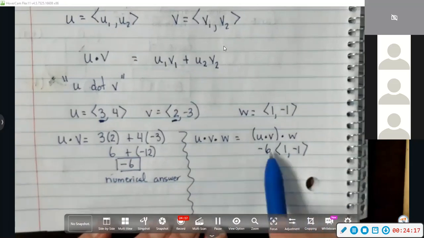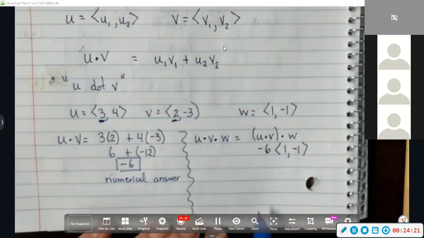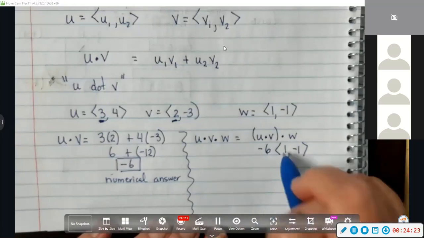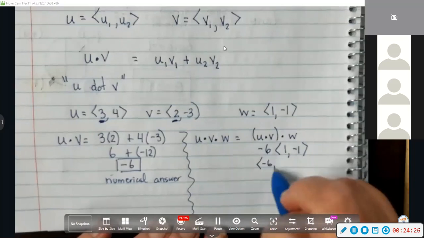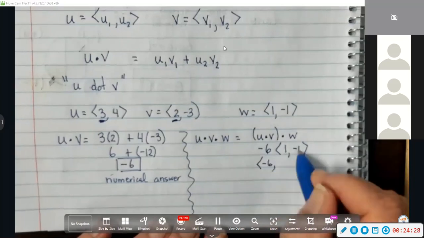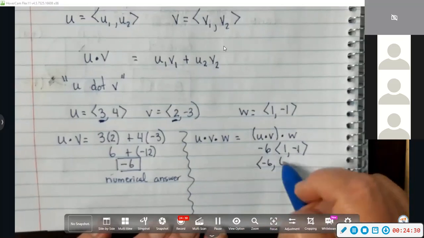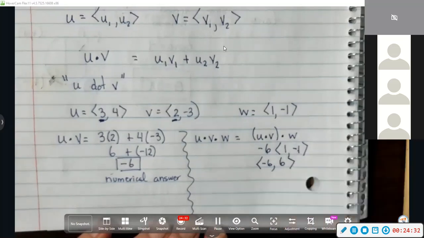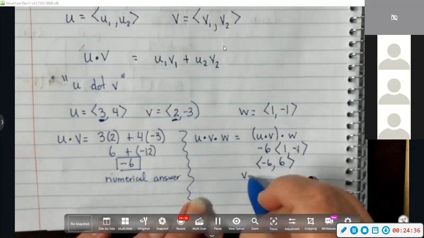This is now just scalar multiplication, which we did last block. It's negative 6 times 1, which is negative 6, and negative 6 times negative 1, which is 6. It looks a lot like distributing. So this time I got a vector answer.